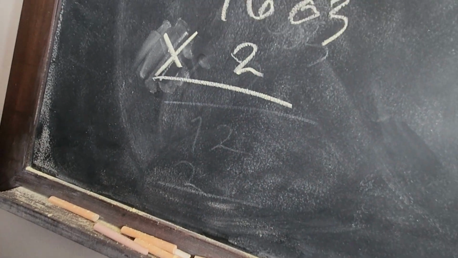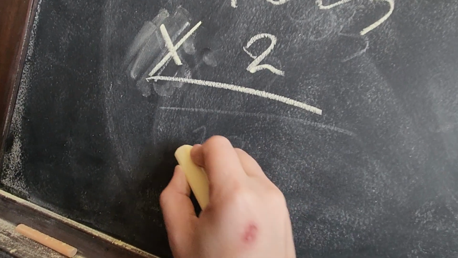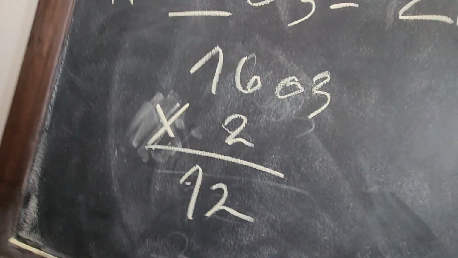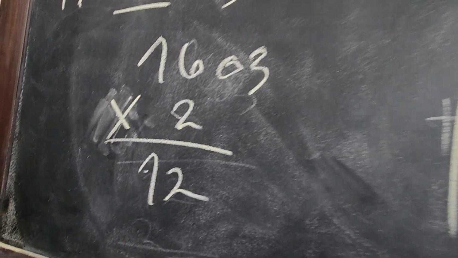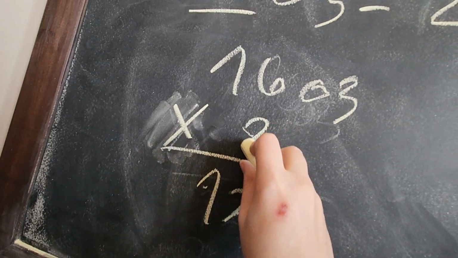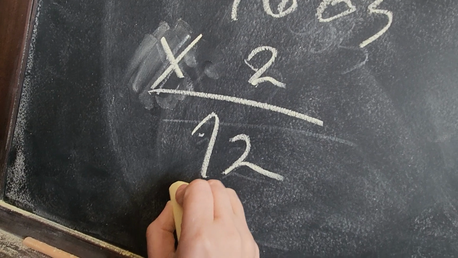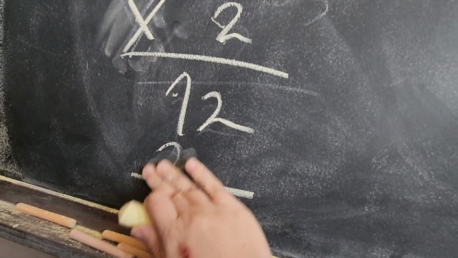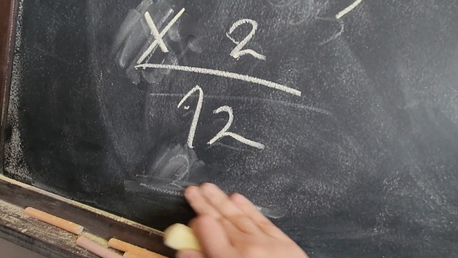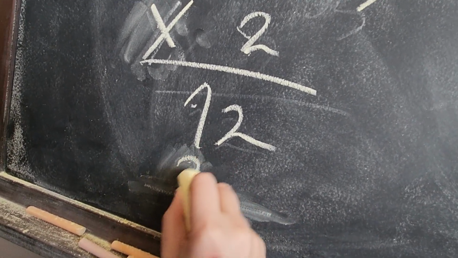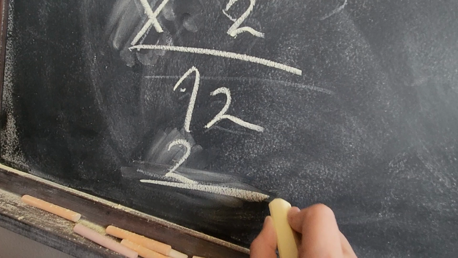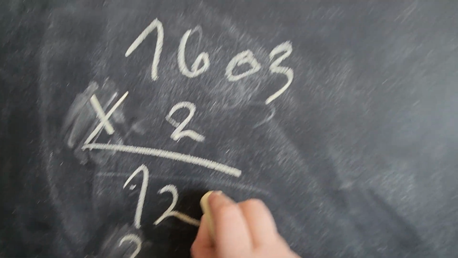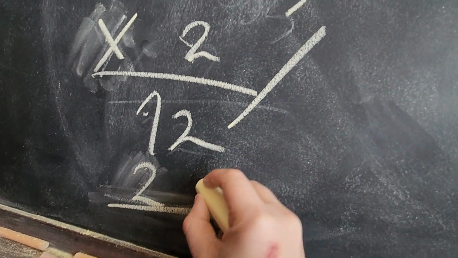Okay, so this is 12. And this still is not going to give me enough room. And this is 2. Okay, so then I'm going to move this part over here.